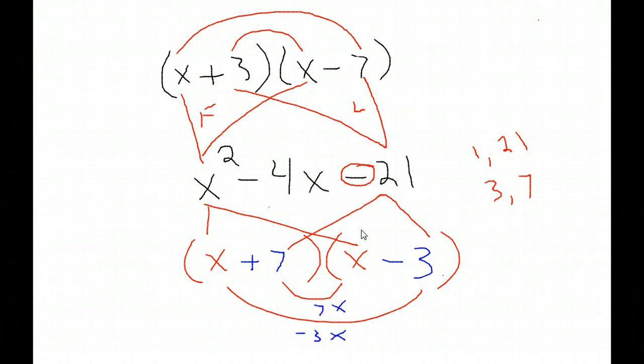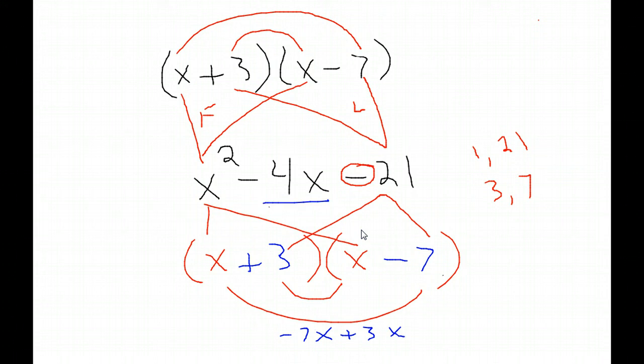When I add those together, I get a positive 4x, so I know then that that's not the right answer. The correct answer would be to put a minus 7 here and a plus 3, because then my O and my I give me negative 7x plus 3x, which does indeed give me negative 4x.